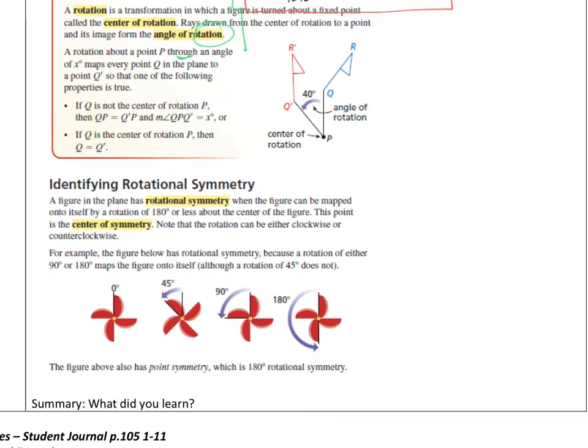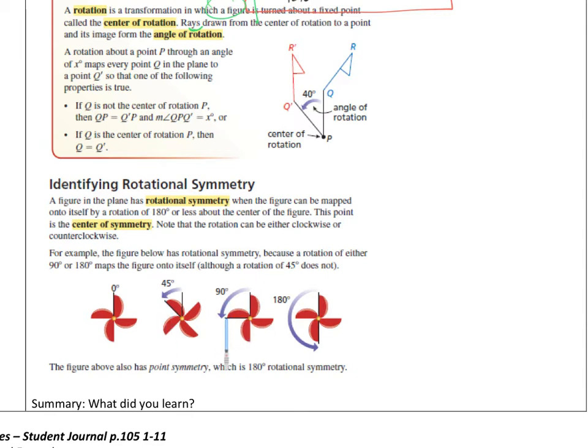Now, a couple more things. Identifying rotational symmetry. A figure in a plane has rotational symmetry when the figure can be mapped onto itself by a rotation of 180 degrees or less about the center of the figure. This point is the center of symmetry. Note that the rotation can either be clockwise or counterclockwise. Here's some examples. Right here, if I call this 0 and I move it 45 degrees this way, I end up like this.